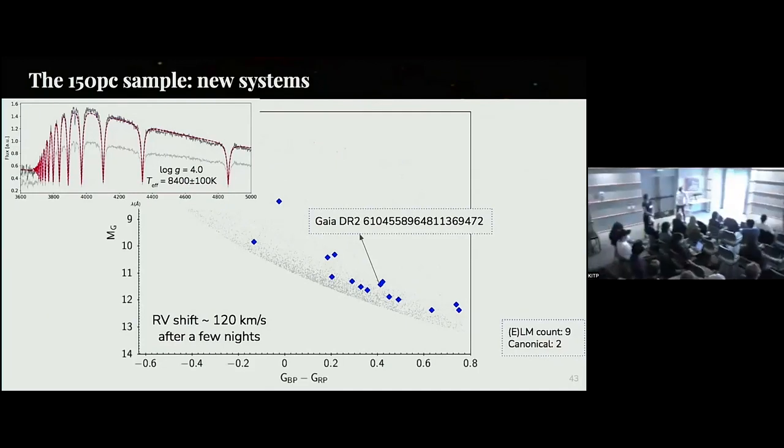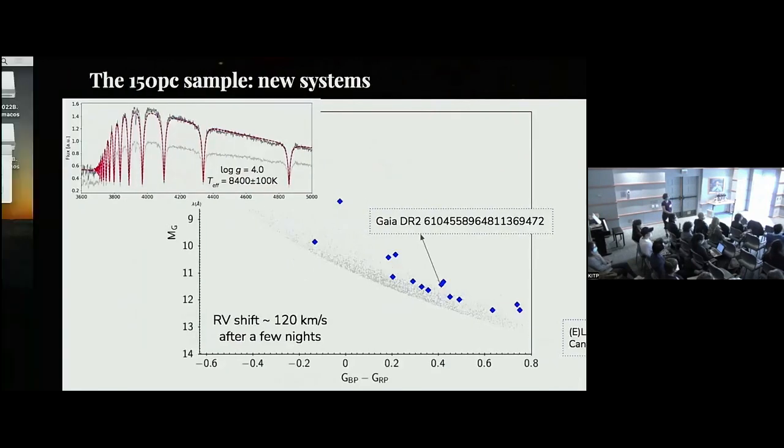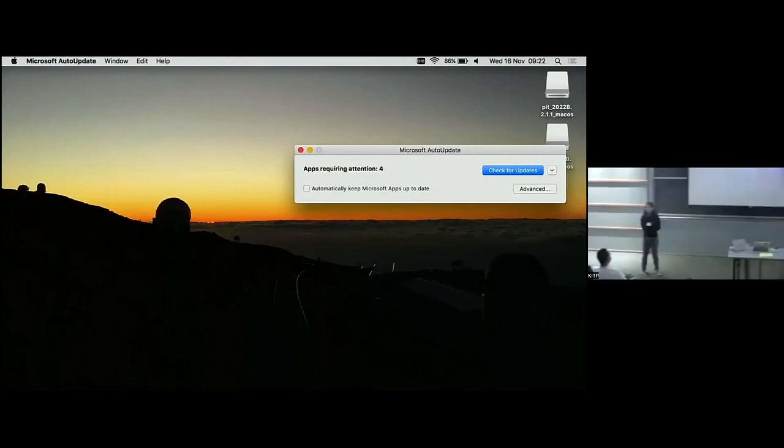I want to ask you about the period distribution. It definitely seems like you're mostly finding short periods, but what's the longest period that has a secure RV curve? And do you think there is a long period population? There is one pre-ELM that has a period of, I think, 200 days. The paper is Voss and collaborators, I think 2018, but as far as I know, that's the only one that has a very long period.